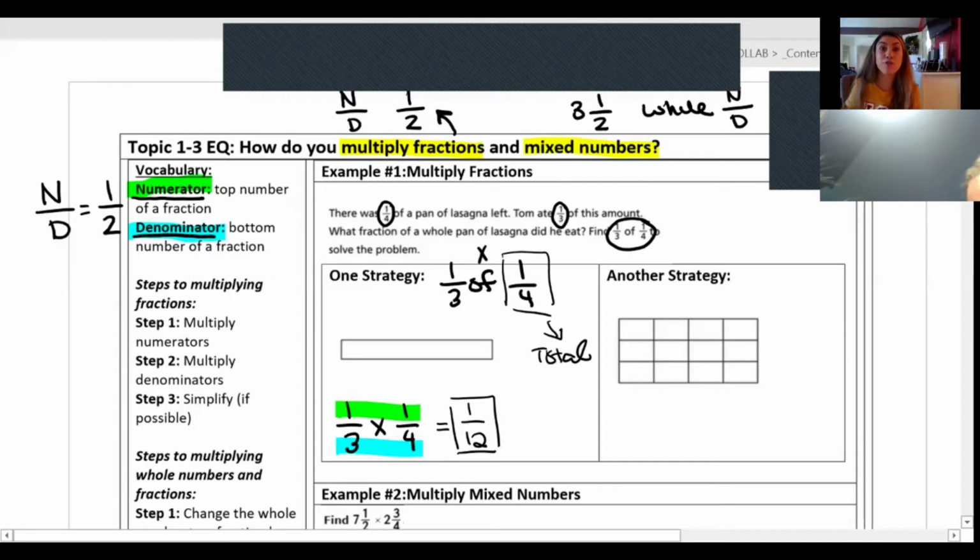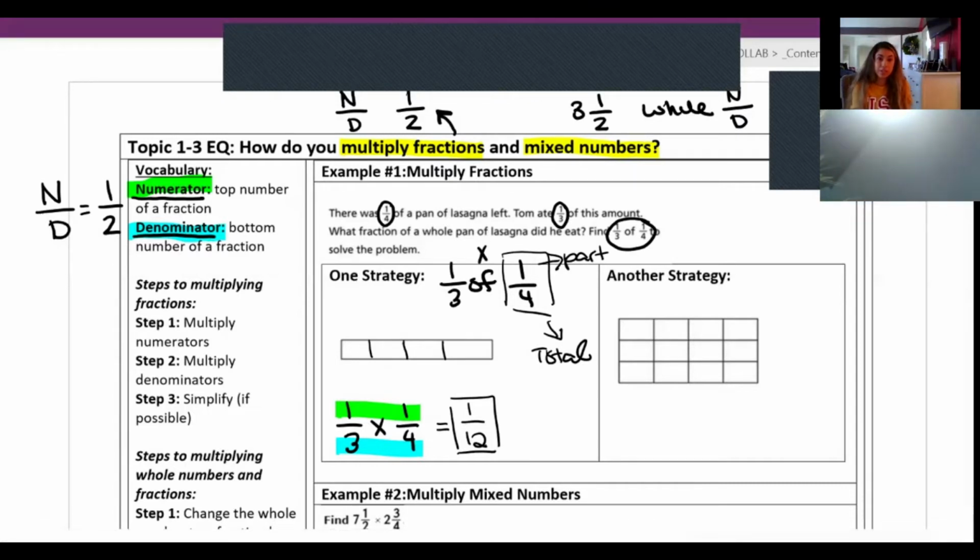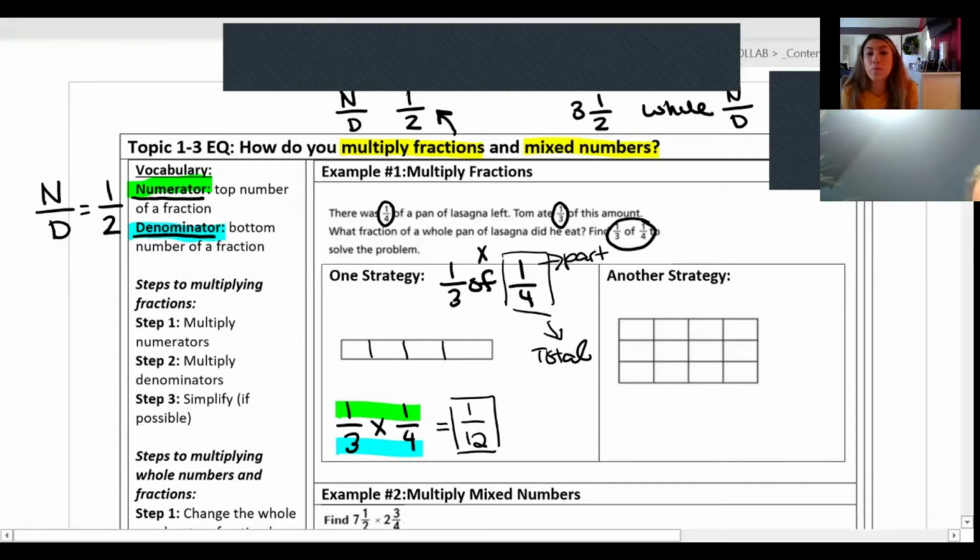We're going to split it up into 4s. So this is our part to total, okay? 1/4. 1 is our part, 4 is our total. So Ms. Wilmington is just shading in 1 because we just have one part of this 4 parts of our bar.